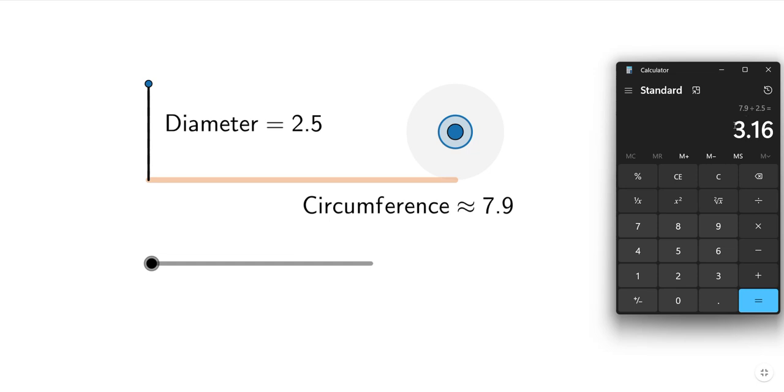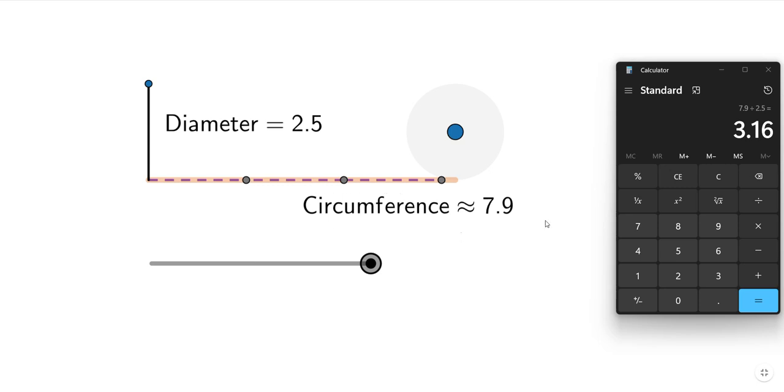Why we are getting 3.16 is because the circumference is not actually the correct value.